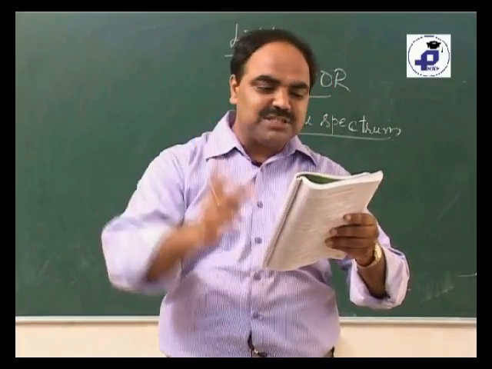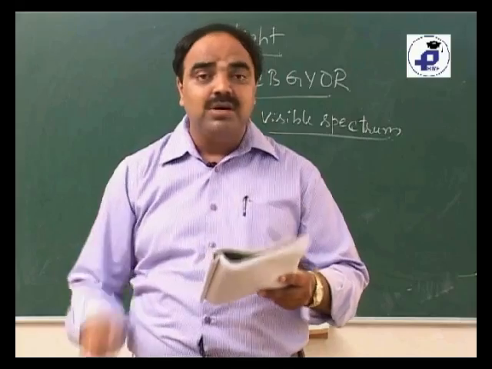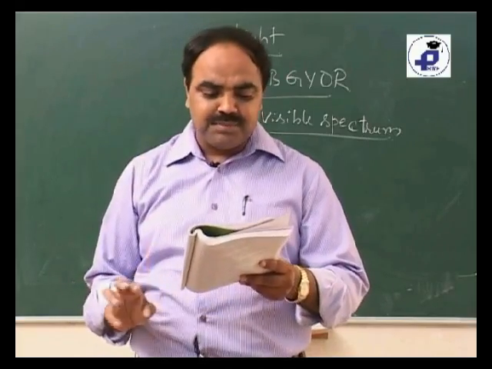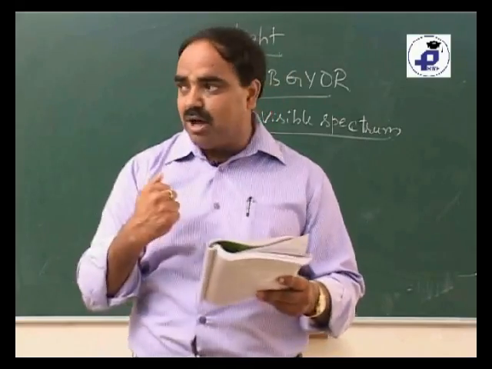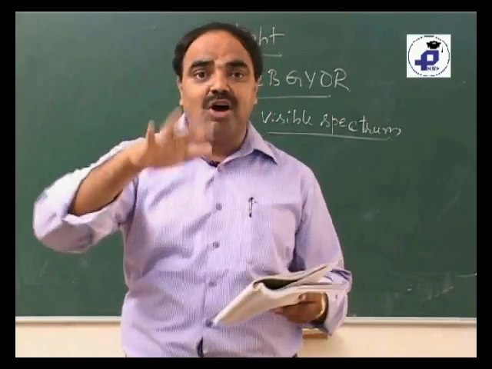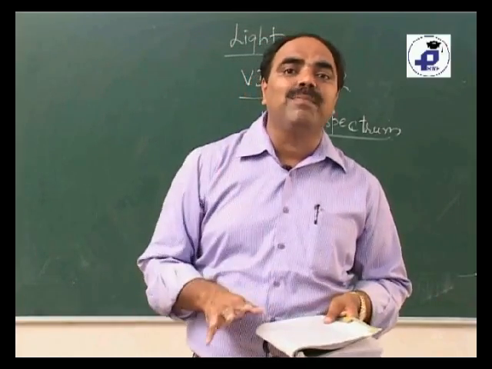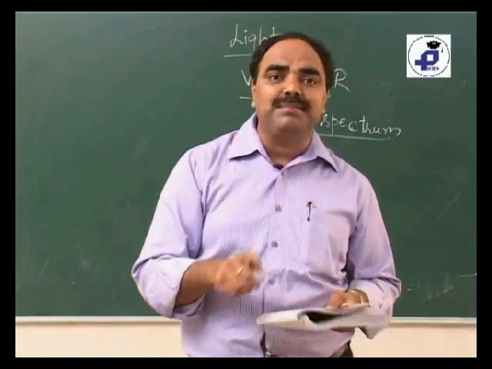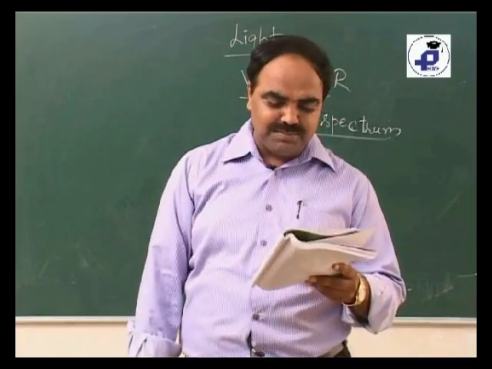Then spectroscope, direct vision spectroscope, continuous emission spectrum, line spectrum, spectrochemical analysis, absorption spectrum, Fraunhofer lines, Rayleigh scattering, Raman effect. These are the terminologies you need to concentrate on in this chapter.